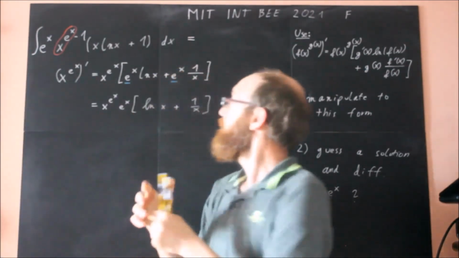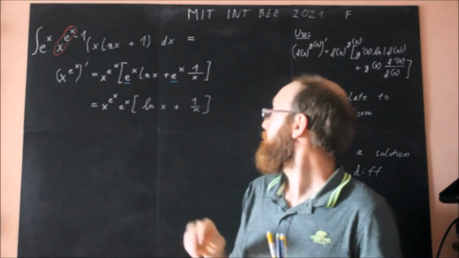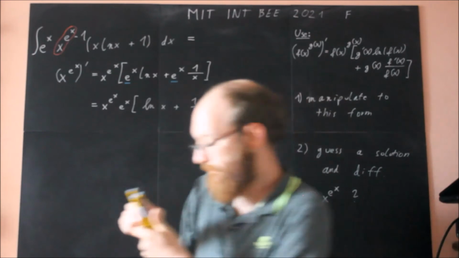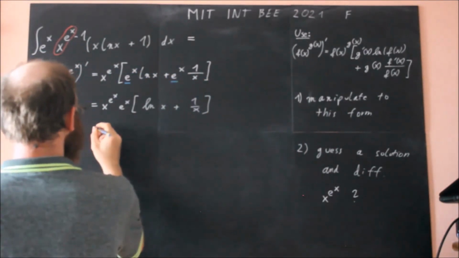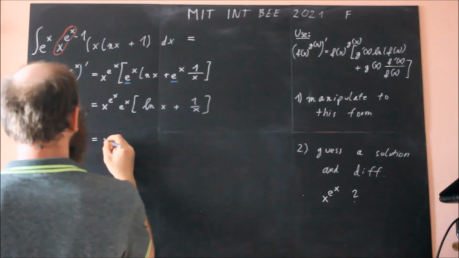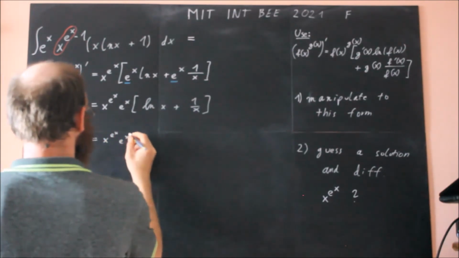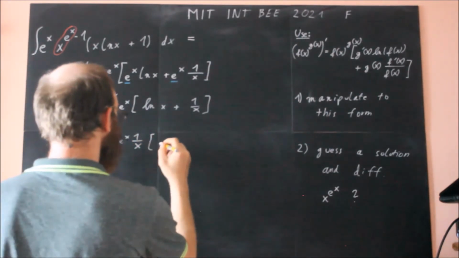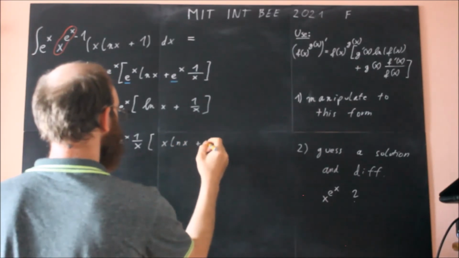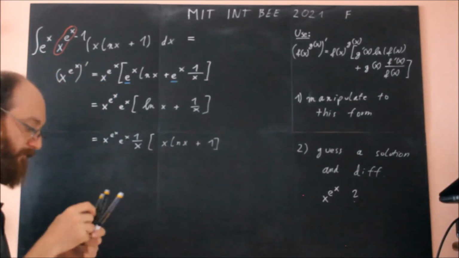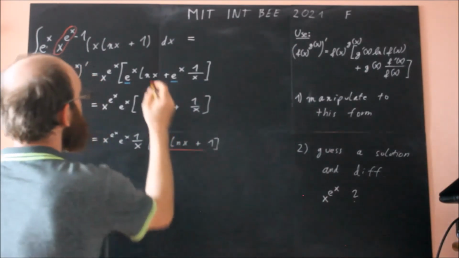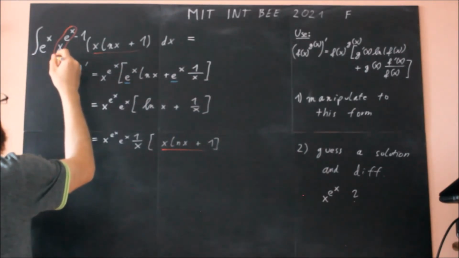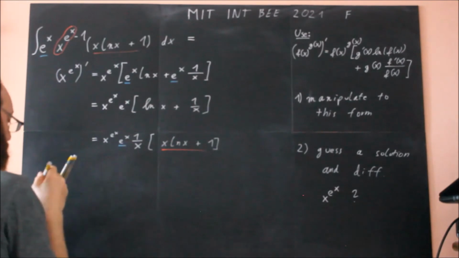Maybe it makes sense to factor out a 1 over x. If we factor out 1 over x, we get x log x plus 1. Alright? So we see this part is exactly this part. The blue part here is there.